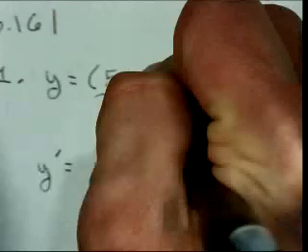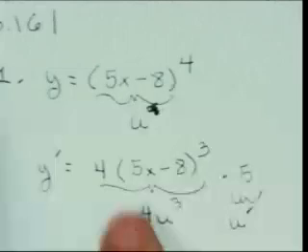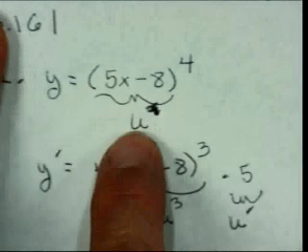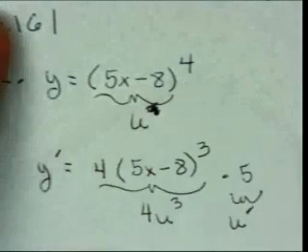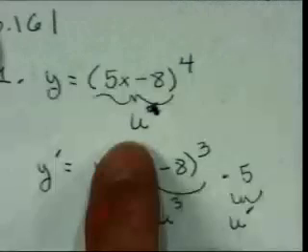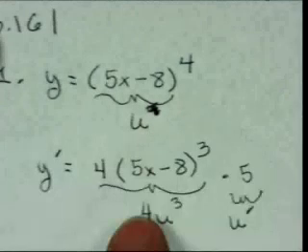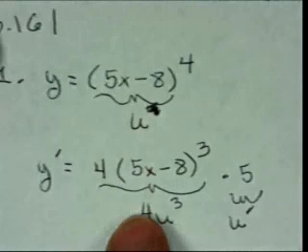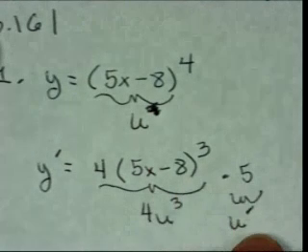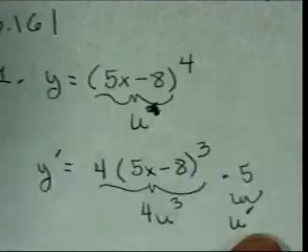I didn't actually mean to write that 4. I just meant to say that's ugly, and then ugly is raised to the 4th power. Let me say it one more time. The derivative of ugly to the 4th is 4 times same old ugly to the 3rd times the derivative of the ugly, the derivative of the inner function.